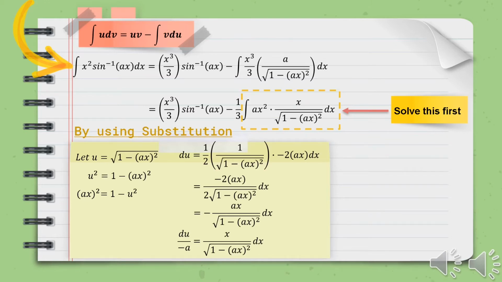After we cancel 2 over 2, we get negative ax over square root of 1 minus ax squared dx. Then we change the negative sign to the left side, so we get du over negative a equal to x over square root of 1 minus ax squared dx.